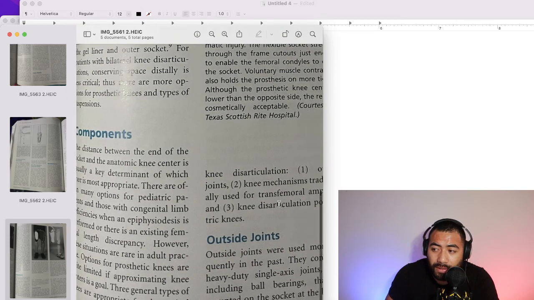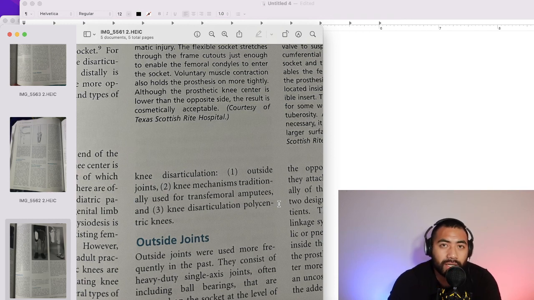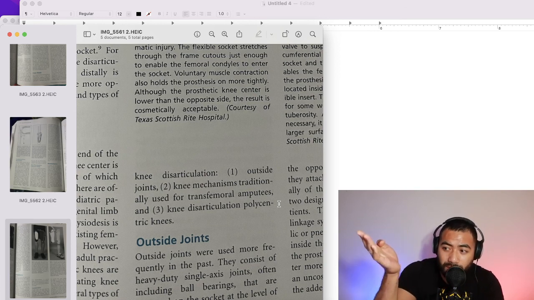So what do we have here? We have one, which is the outside joint. And then we have the knee mechanism, so traditionally used for transfemoral amputees. And then we have the knee disarticulation polycentric knee. And if they wanted, they could probably do a mix or a hybrid of some kind as well. But as you can see, the textbook says these three options.